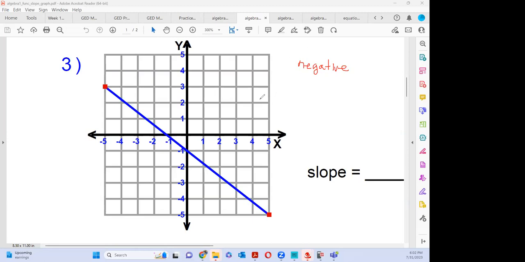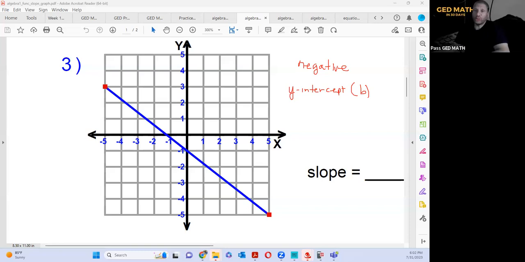Okay. Second thing we're going to notice, what's the y-intercept? Do you know what the y-intercept is?